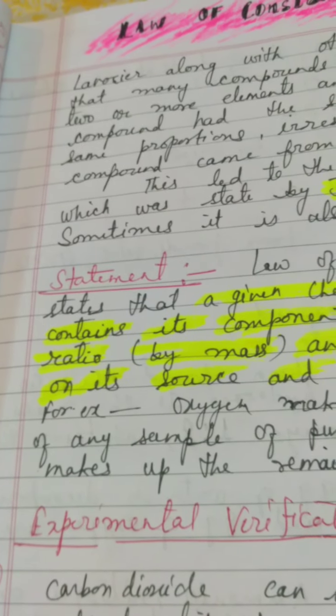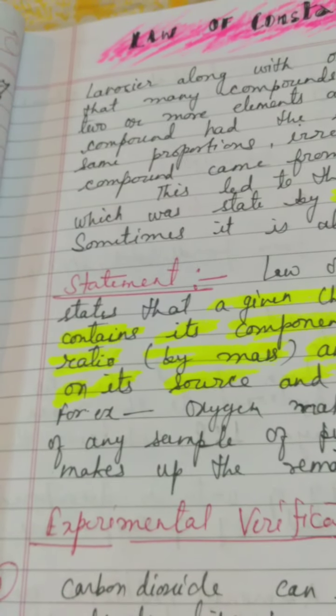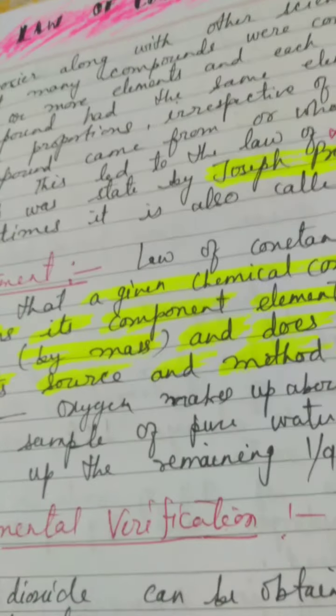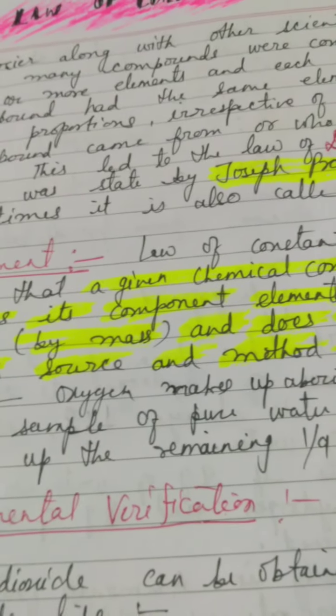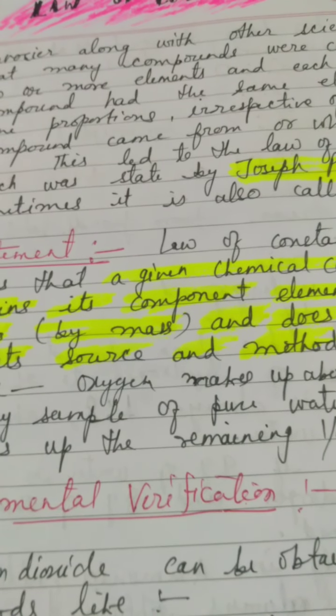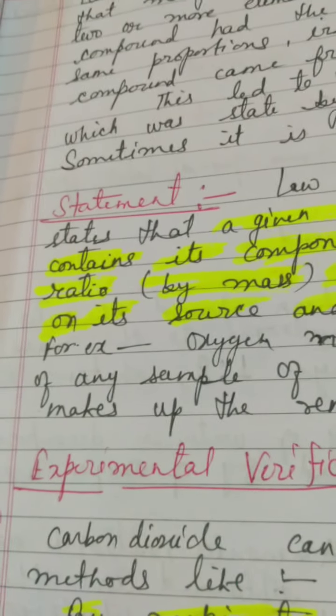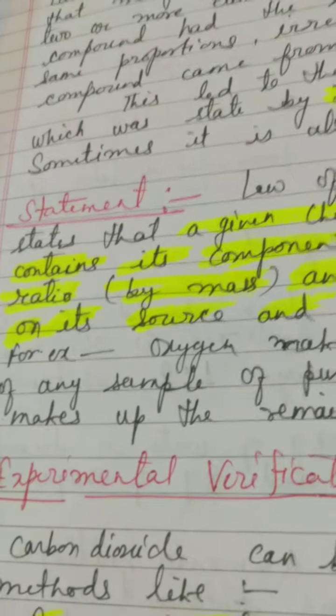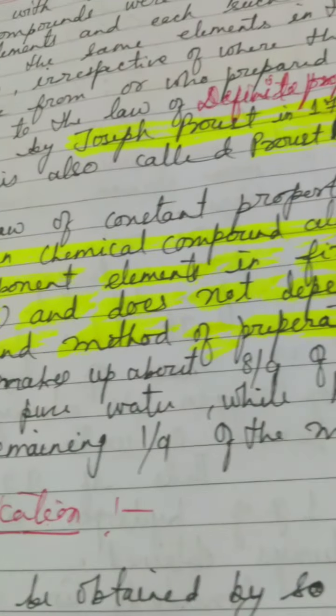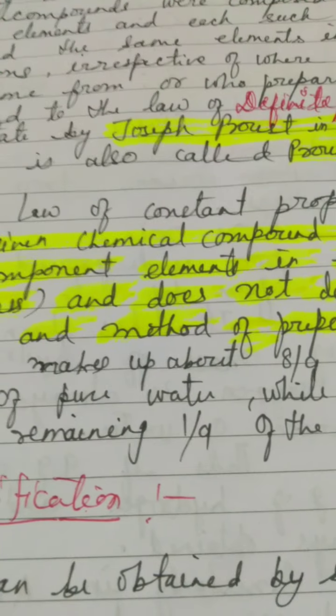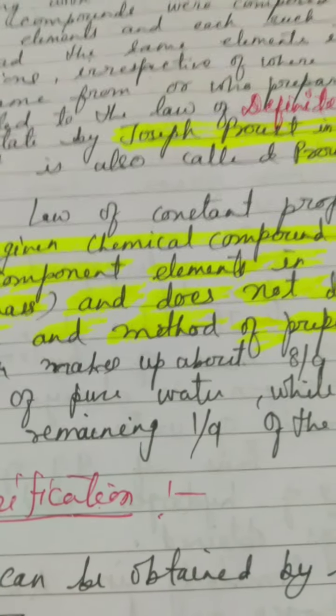What is their composition? It is made up of hydrogen and oxygen. And the ratio of hydrogen and oxygen has been found to be always 1:8. It was found that irrespective of the source from where the water has been obtained, nothing has to do with the source.